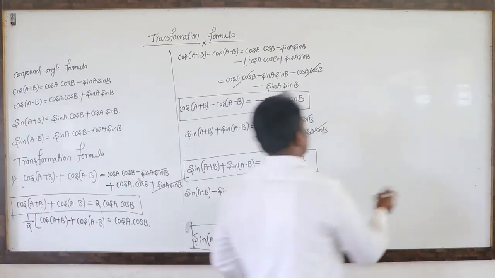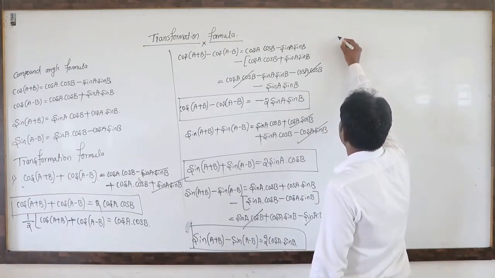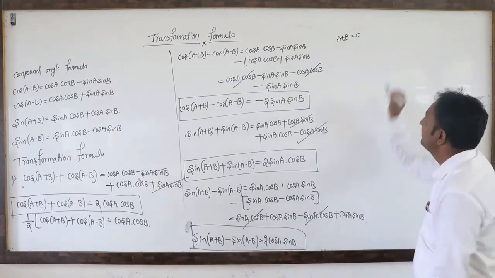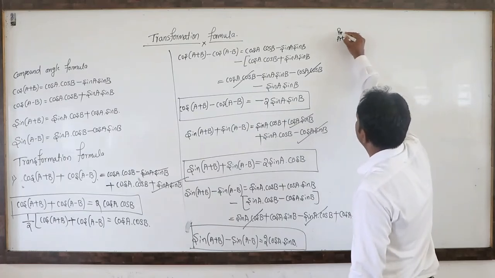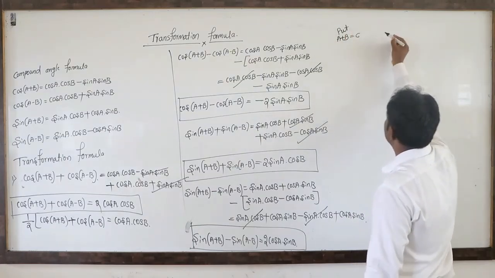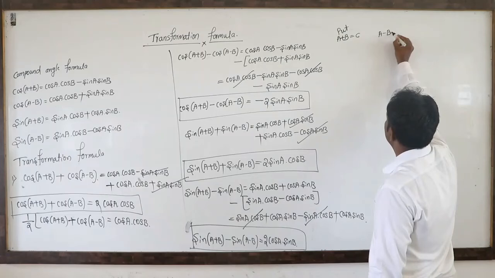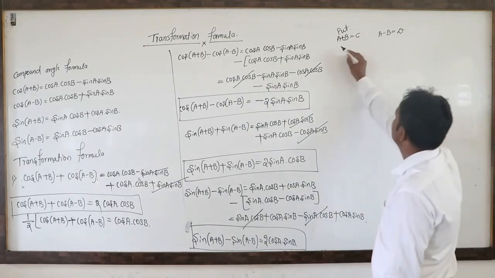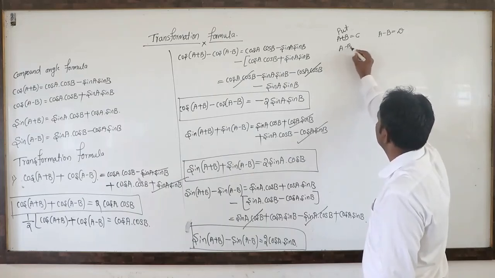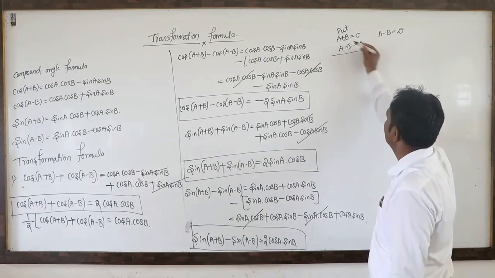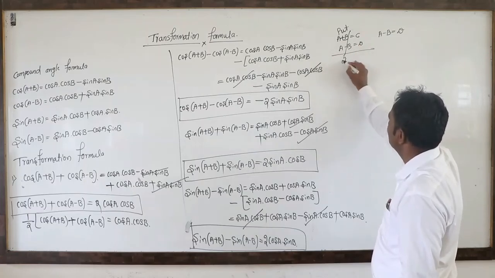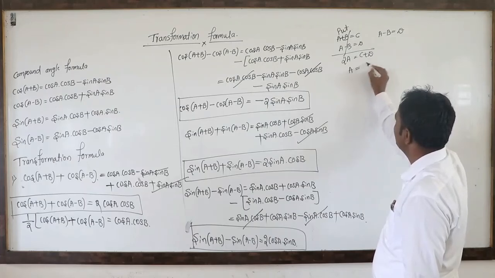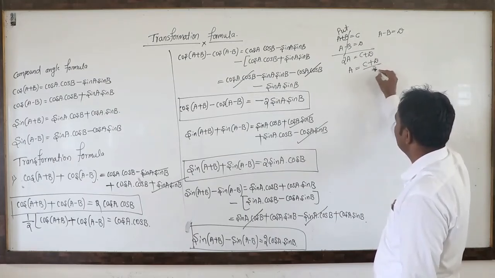Similarly, we can substitute a plus b is equal to c, a minus b is equal to d. Solving these two equations, adding these two, 2a is equal to c plus d, that is a is equal to c plus d by 2.